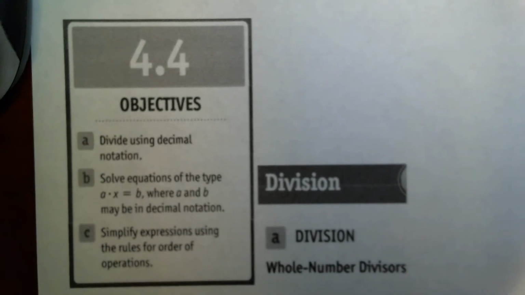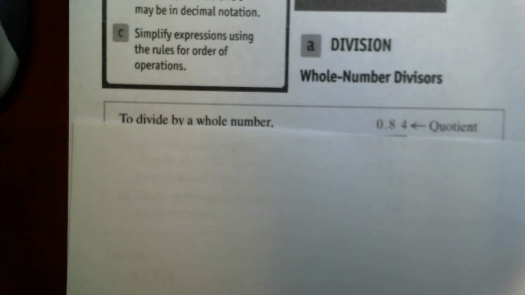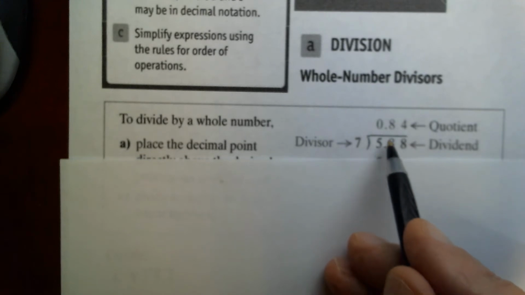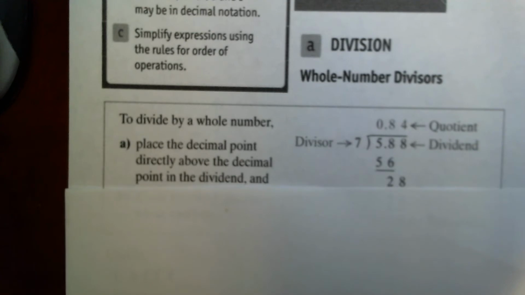And so here's an example to divide by a whole number. Let's say 5.88 divided by 7. We place a decimal point above the decimal point in the dividend, and then we divide as though dividing by a whole number.